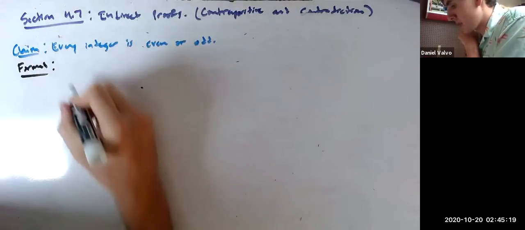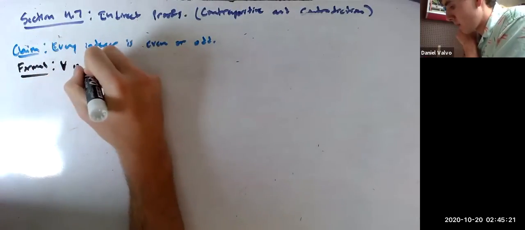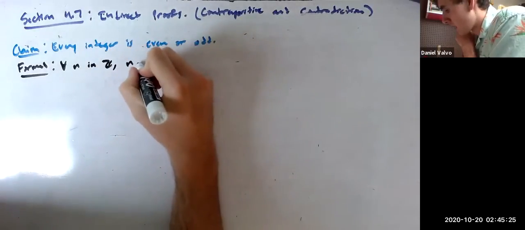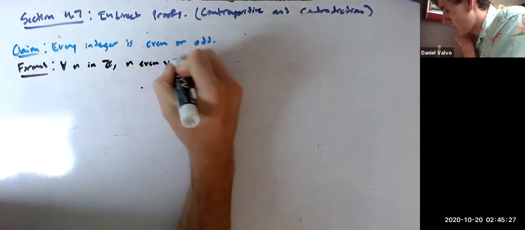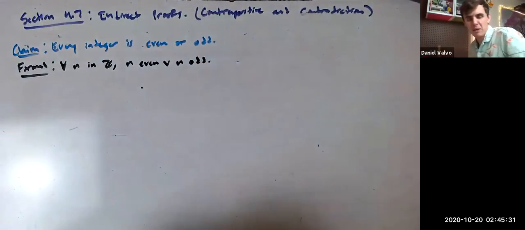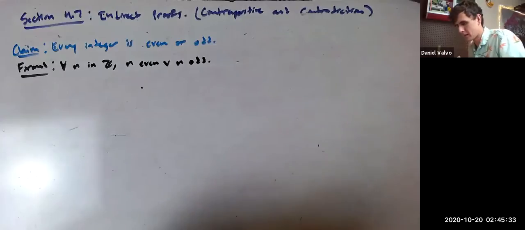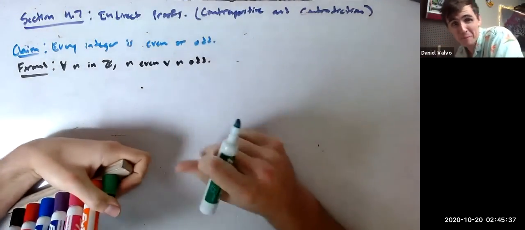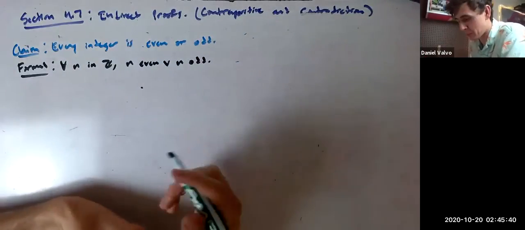The formal statement being, for all n in Z, n even or n odd. Not that hard to state, at least I should say. Let's start talking about how you'd actually prove this.